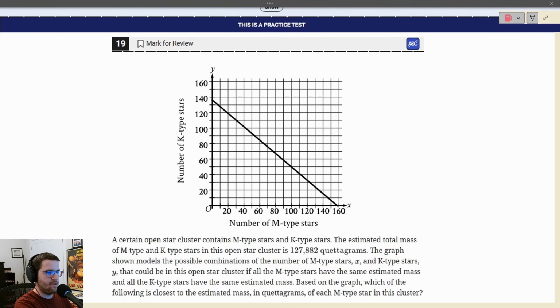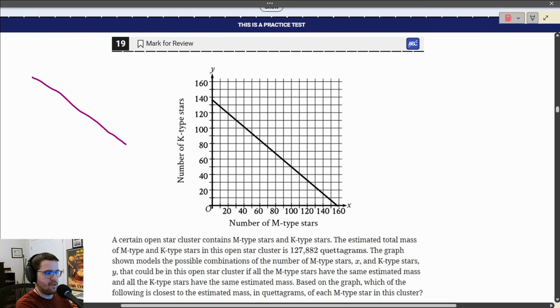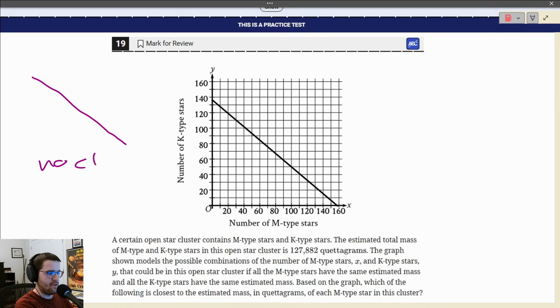So whenever you see a downwards facing line and there's no clear independent variable, I guess what I mean is the variables do depend on each other, but they don't really feel like they depend on each other. So you see number of m-type stars, number of k-type stars. Usually it's like x-axis is cost and y is money, or x-axis is time and y-axis is money.